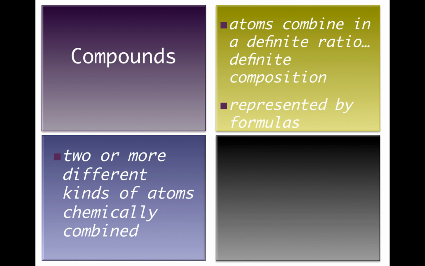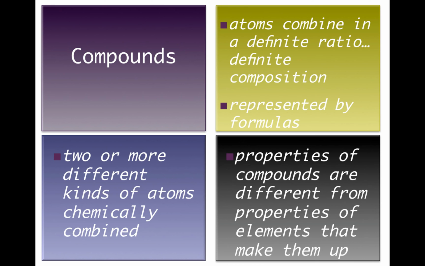Water always has 2 atoms of hydrogen for every 1 atom of oxygen. The properties of compounds are different from the properties of the elements that make them up. In other words, water has different properties than hydrogen gas and oxygen gas.